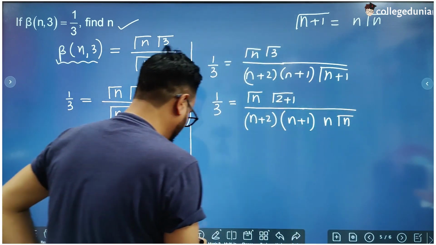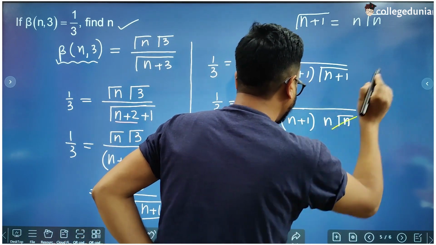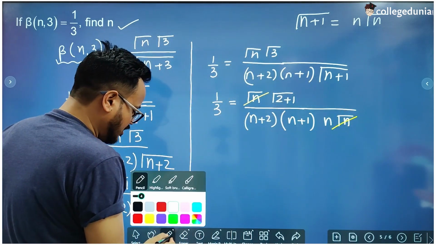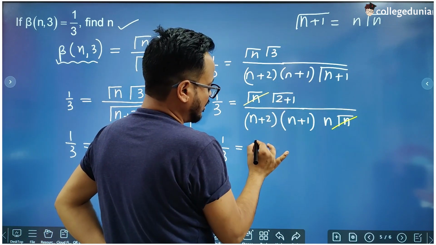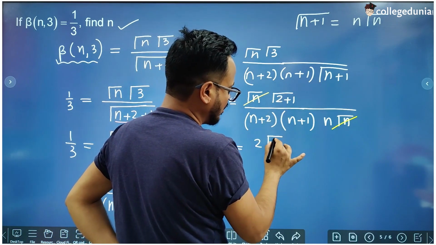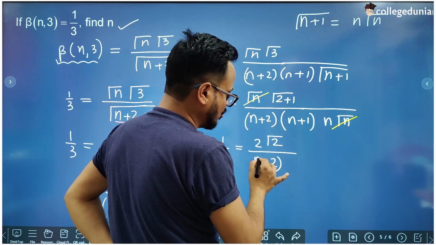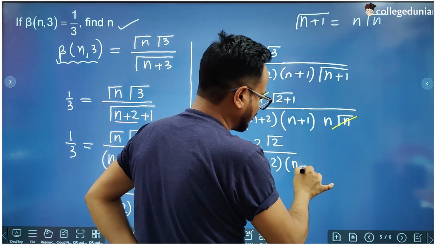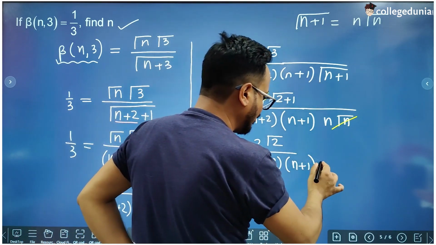Now the value of gamma n gets cancelled out, and this can be written as 2 into gamma 2 divided by n plus 2 into n plus 1 into n.